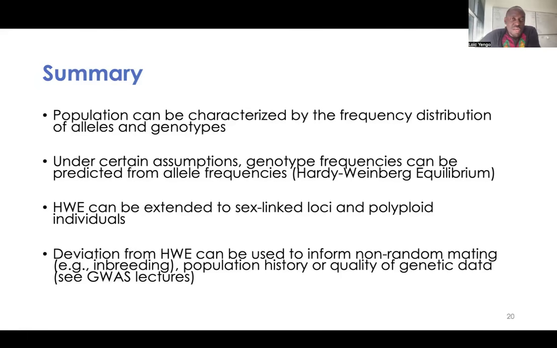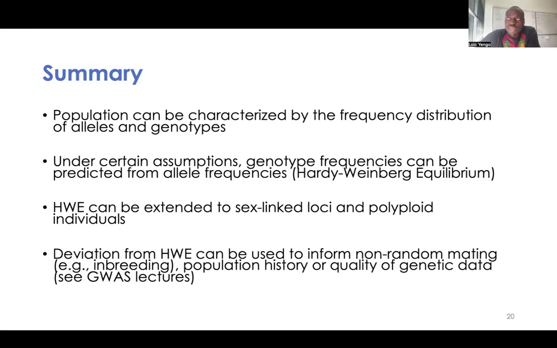This Hardy-Weinberg equilibrium can also be extended to sex-linked loci and polyploid individuals. Here I mostly showed you things in the context of diploid individuals and autosomal variants, but as I said, we can extend that, and that's something you can find in the literature. Finally, deviation from Hardy-Weinberg equilibrium can be used as a way to inform non-random mating.